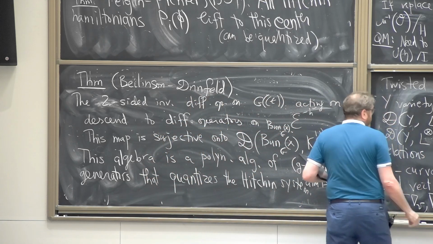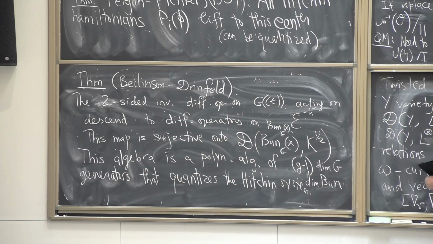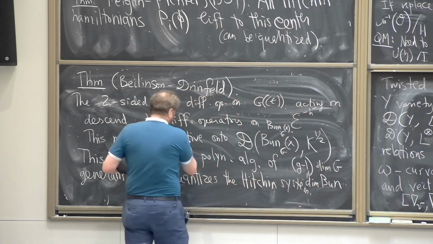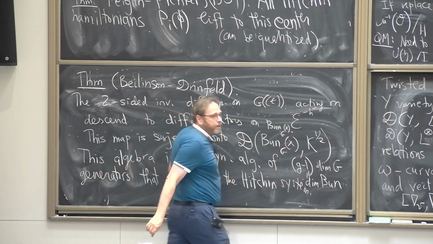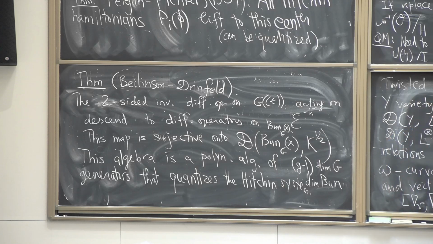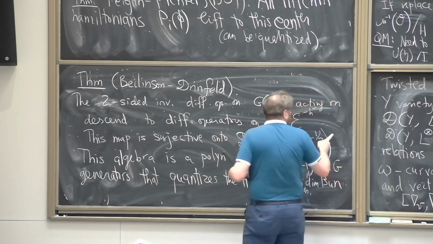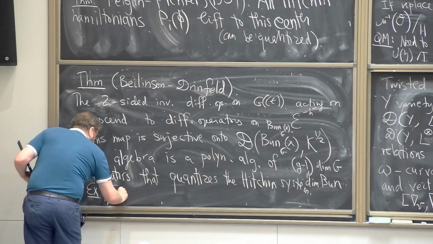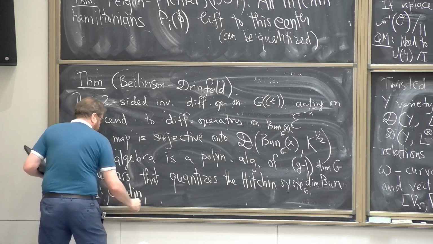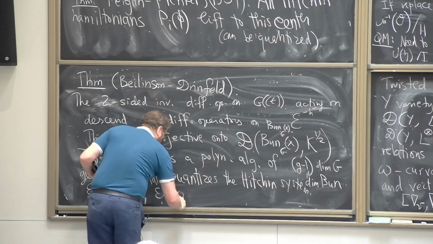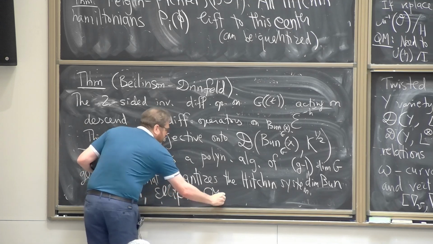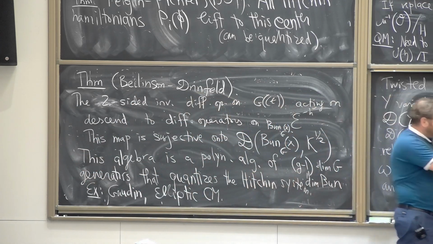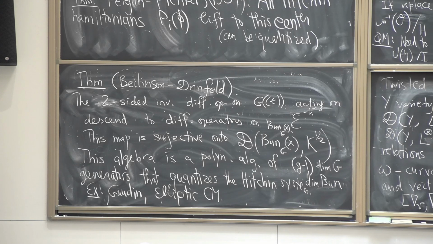And so in particular, all of this extends to the case with punctures, except that surjectivity will not be true. There will be other differential operators. But never mind, the image is always going to be a quantization of the Hitchin system. Examples of this include the Gaudin system, and also elliptic Calogero-Moser, which means that I said that there was a problem with ordering there, but this will solve that problem for you.